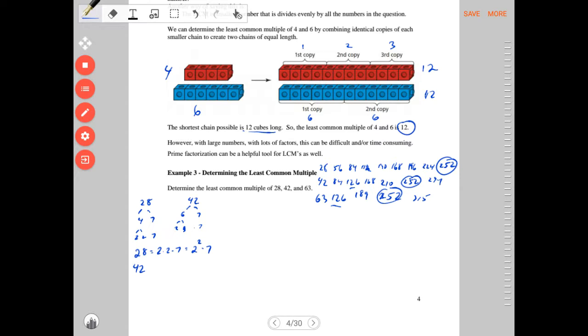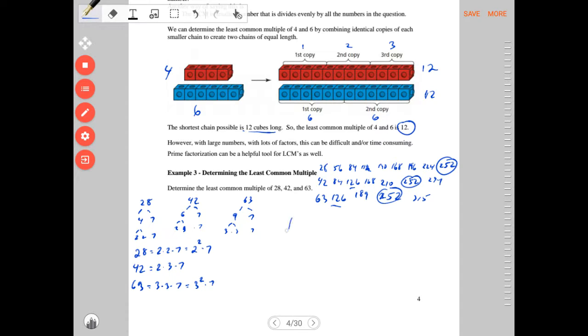There's no simplifying that one. And then 63 is 9 times 7, so that's 3 times 3 times 7, which is 3 squared times 7.